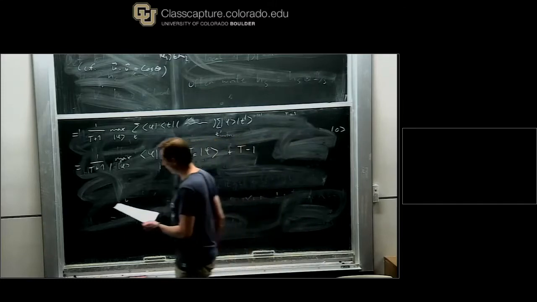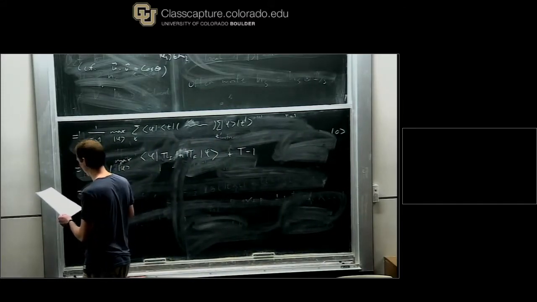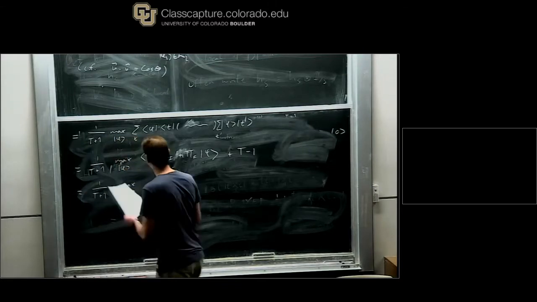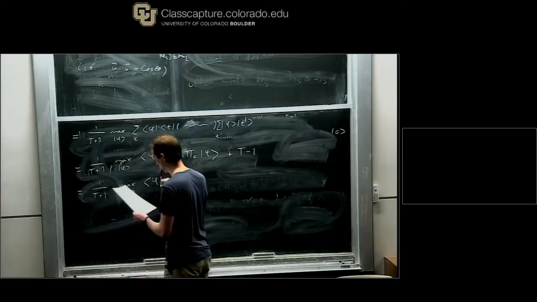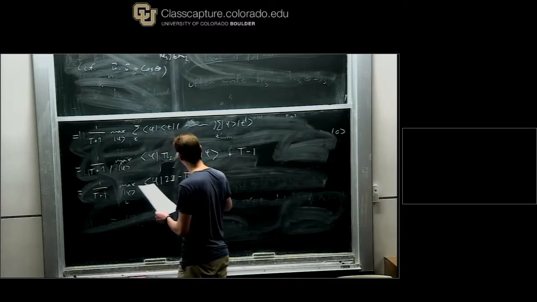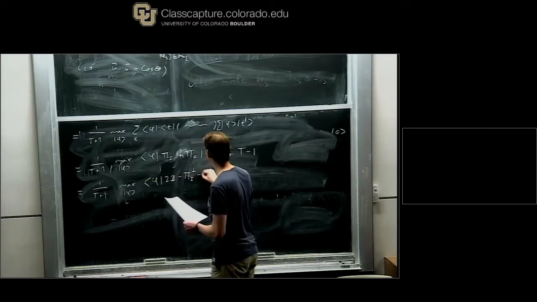Okay, but now let me rewrite this. I have 1 over t plus 1, max over phi. Let me just rewrite this in terms of the orthogonal complement. So this is just 1 minus this. That's where the 2 comes from, pi f.